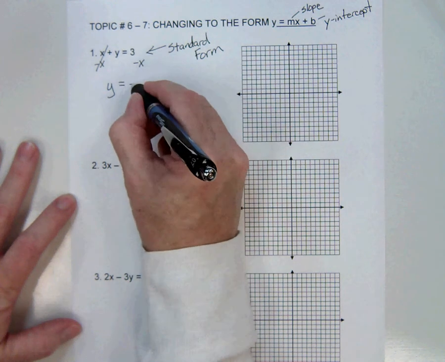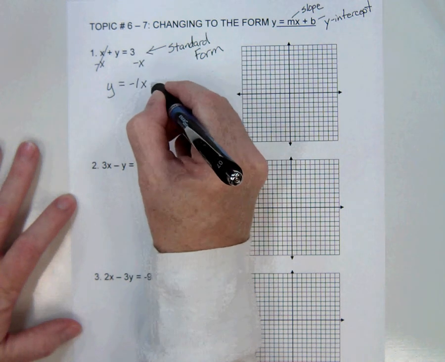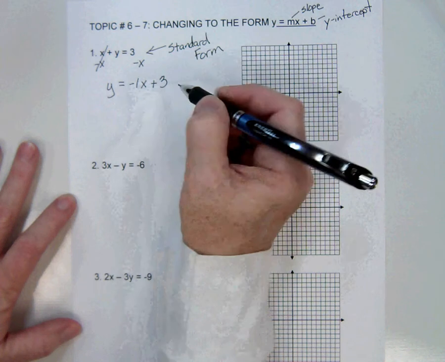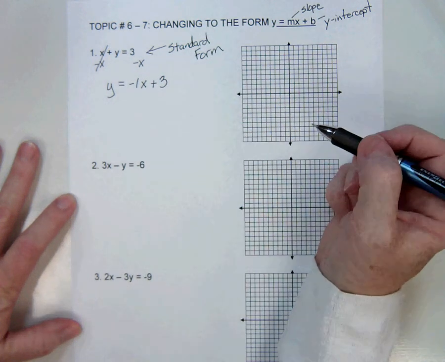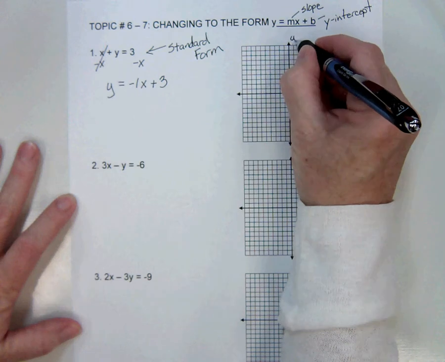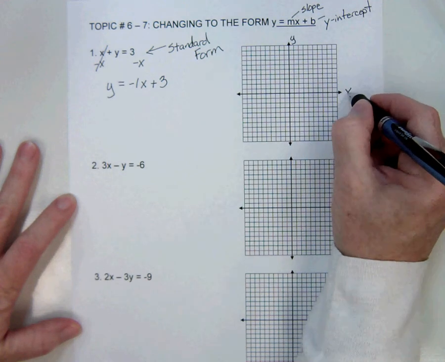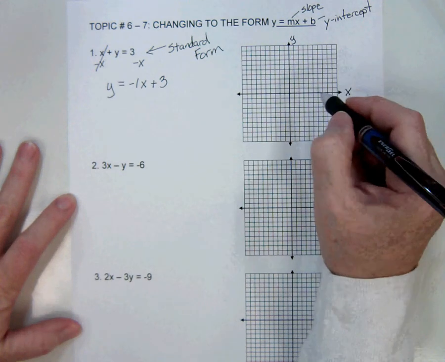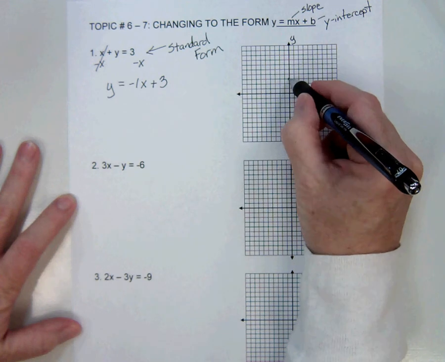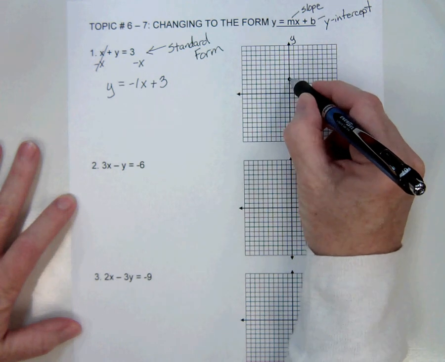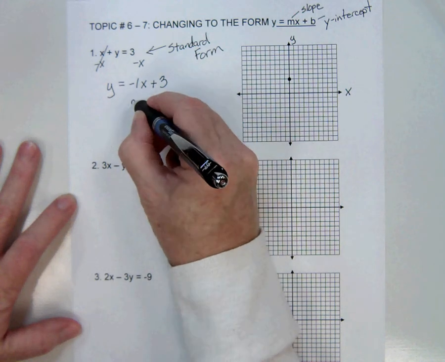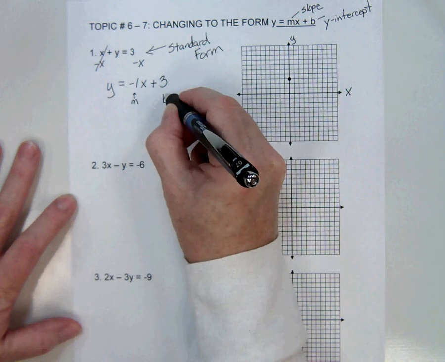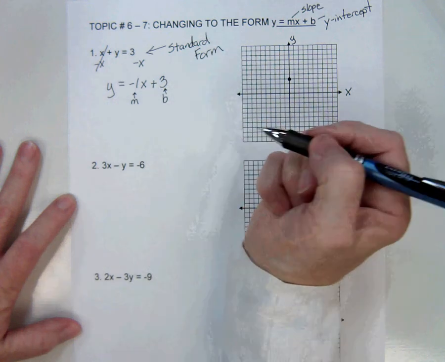So if you want to write that as a negative 1x plus 3, now this would be something you are able to graph. Again, remember the y-axis and the x-axis, where they're located. The 3 denotes where you start. The y-intercept is your b, and this is the b, and the negative 1 is the m. You don't actually have to put that, but I'm just helping you make note.